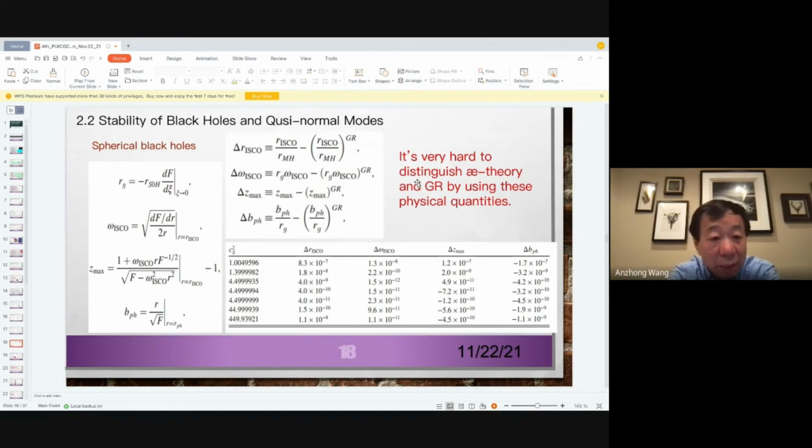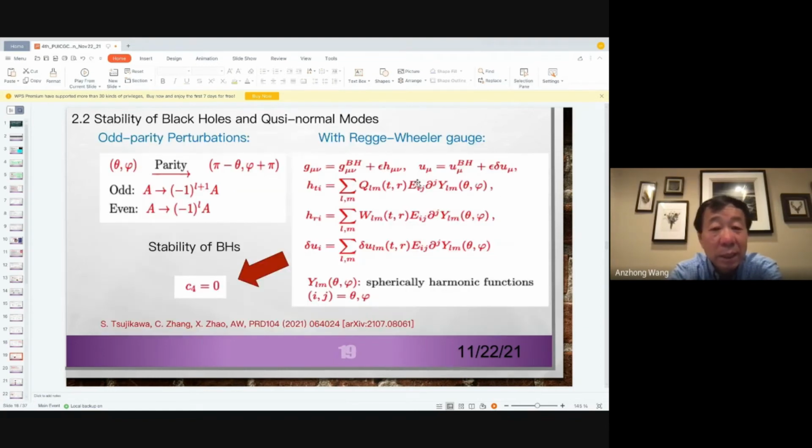Then we calculate different physical quantities. For example, the so-called metric horizon r_g, and also the innermost stable photon orbit. We find there's no significant difference from Einstein's theory, which in a certain sense is good, meaning this theory survived the observations. Then we move on to study the linear perturbations of the black hole solution, the quasinormal modes.